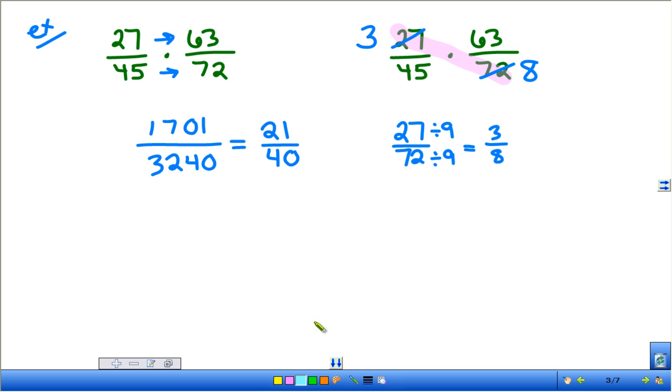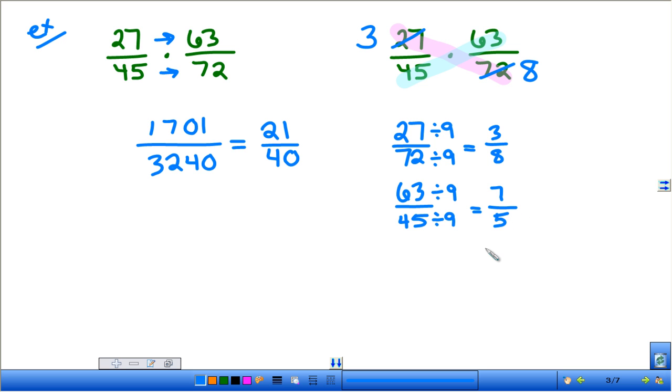So let's look the other way. If I look at 63 over 45, so let me just write it down here, 63 over 45. Again, they're both divisible by 9, and we're left with 7 over 5, which means the 63 is going to become a 7, and the 45 is going to become a 5, and now let's multiply across. 3 times 7 is 21, 5 times 8 is 40.